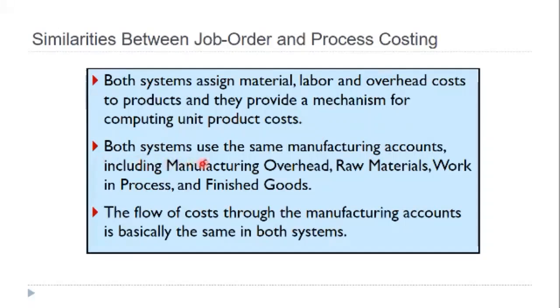Then both systems use the same manufacturing accounts, including manufacturing overhead, raw materials, work in process, and finished goods. The flow through the manufacturing accounts is basically the same in both systems. So there isn't any big difference between the two. It's just in the nature of the production.